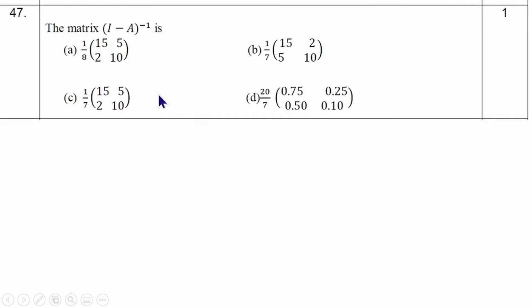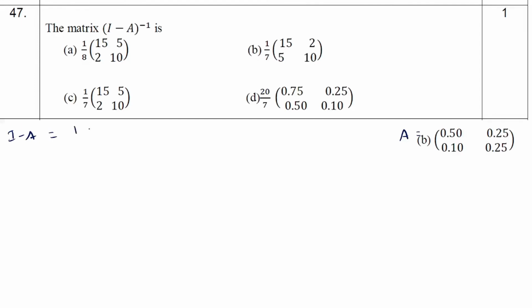Now we have to find the inverse of I minus A. We just now found matrix A. So here we have the technology matrix, this is A. Now let us find I minus A, the whole inverse.